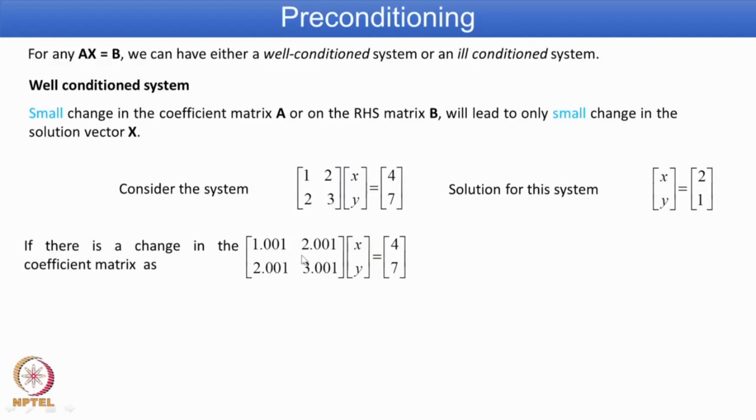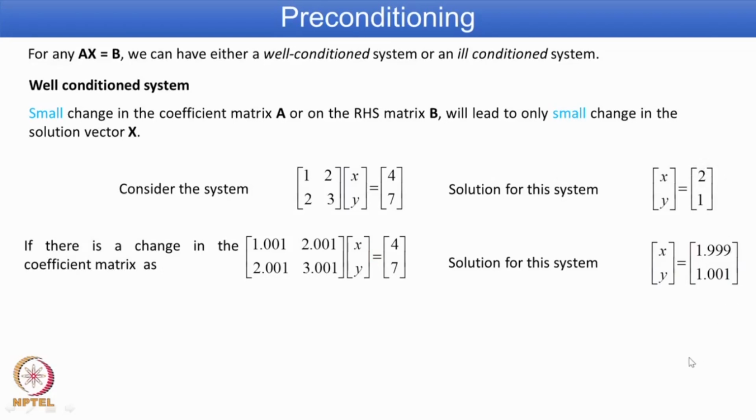Similarly, other elements as 2.001, 2.001, 3.001. The solution vector remains the same. The matrix on the right hand side also remains the same. For such a system where there is only a small change in the coefficient matrix, the solution will look like this: x and y equal to 1.999 and 1.001, and you can observe that these values are very close to the original values of 2 and 1.